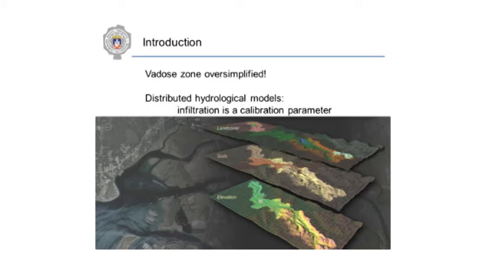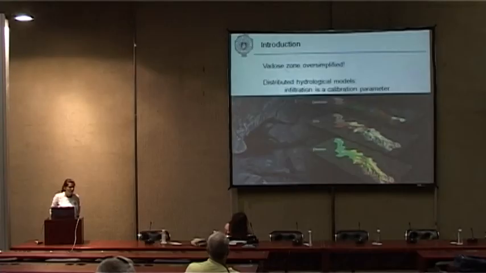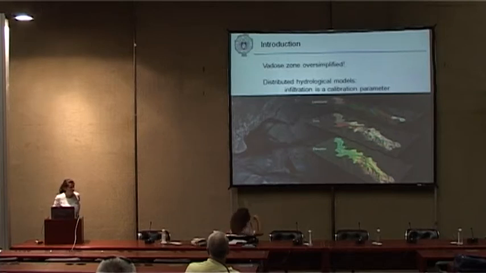Applying sustainable strategies of groundwater management needs a good assessment tool of the groundwater status. Regional groundwater models, or at a larger scale maybe distributed hydrological models, can provide a good basis for analyzing different scenarios.